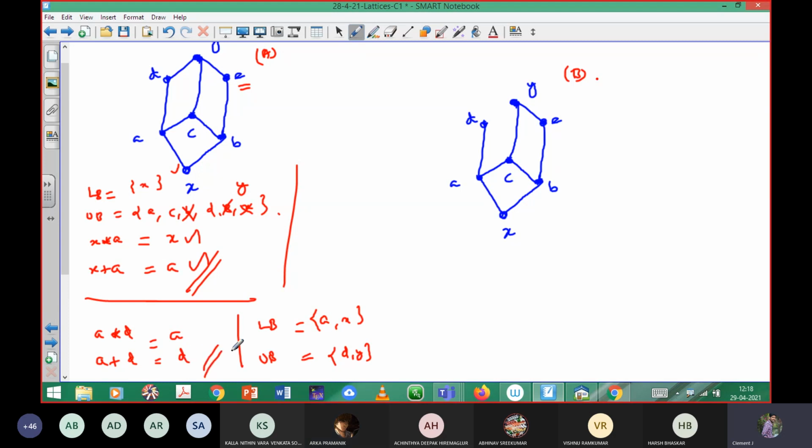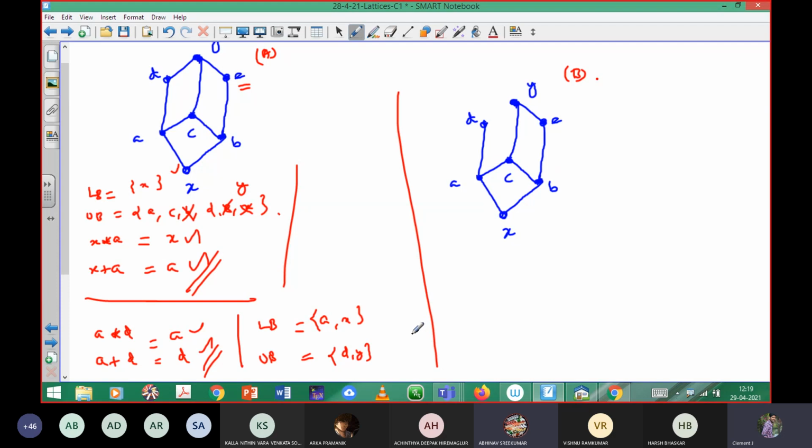D. That's it. So for this pair also, it exists. Likewise, your duty is to check the remaining pairs. You already have verified. So it is a lattice because the GLB and LUB exist for every pair of the vertices.